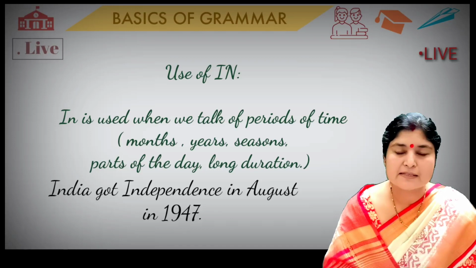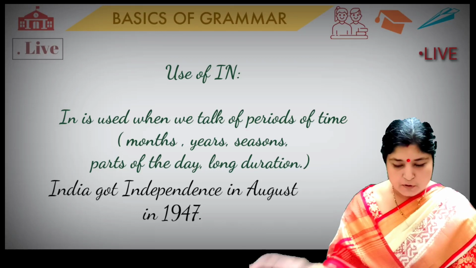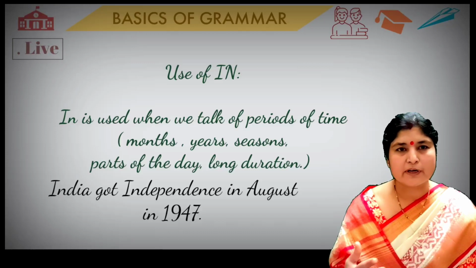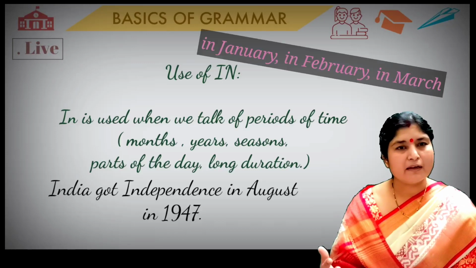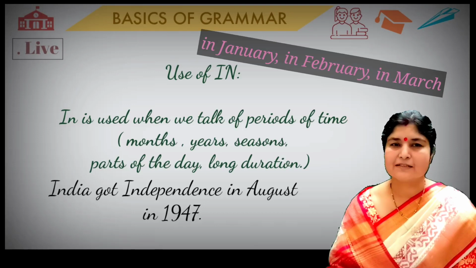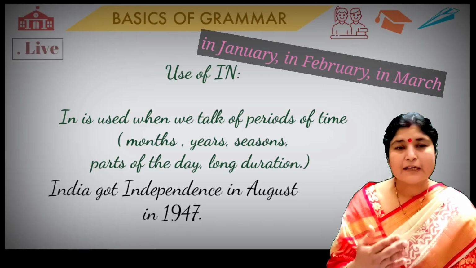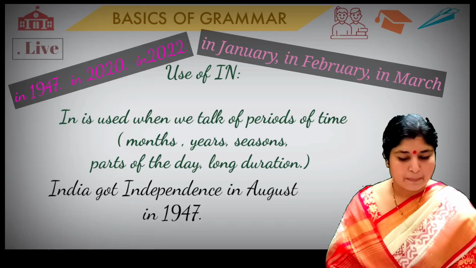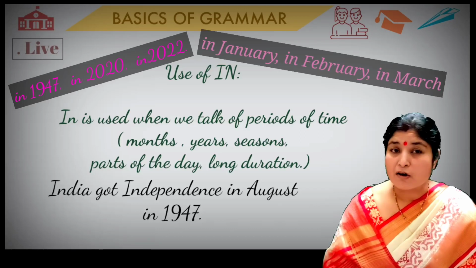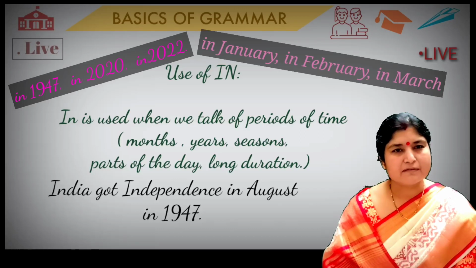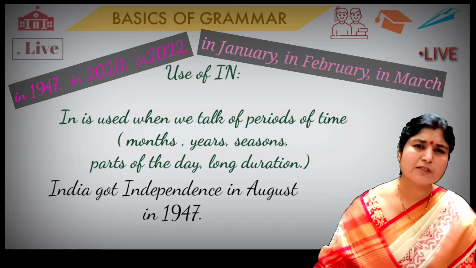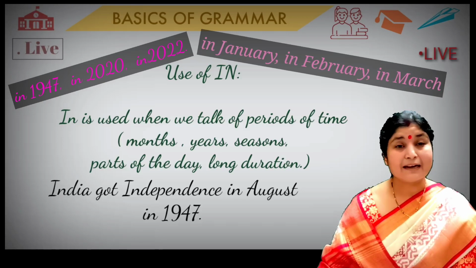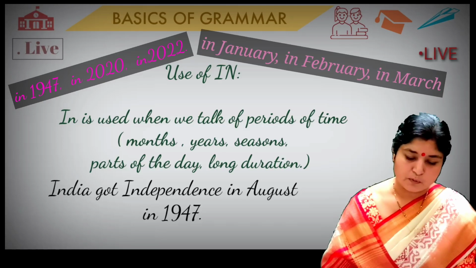Whenever we talk about the names of the months, like in January, in February, in March, in April, in May, in August, in September, in October, we must use "in" before them. Like year, India got independence in 1947. So in 1947, in 2000, in 2020, in 2021. Whenever we use the years, we must use "in" before them.